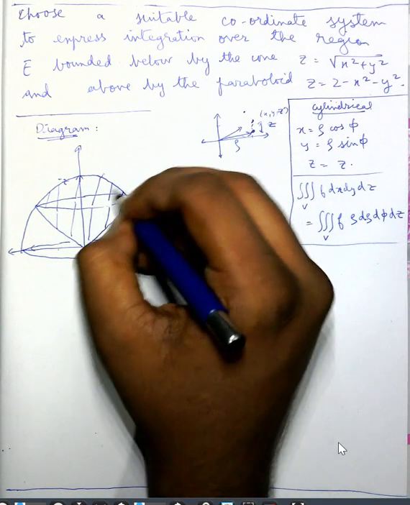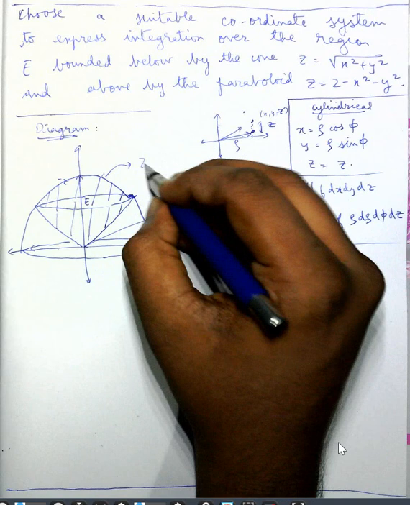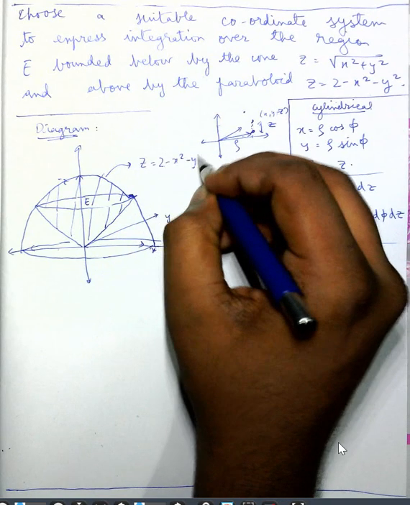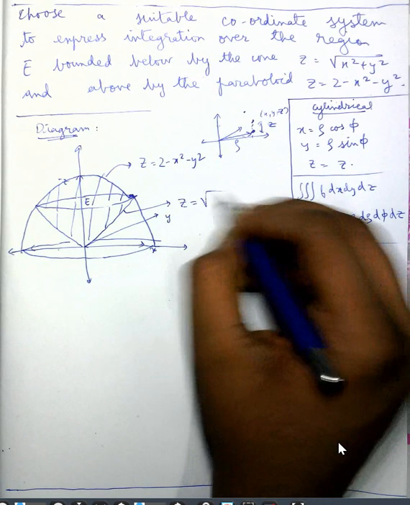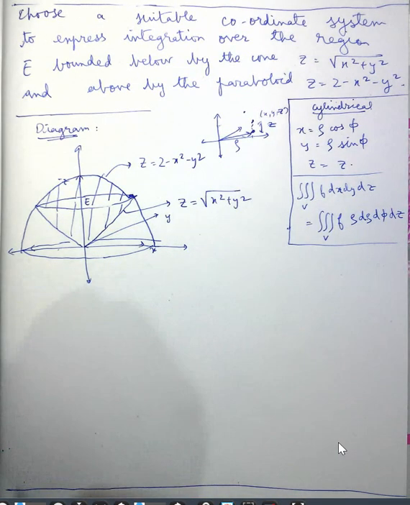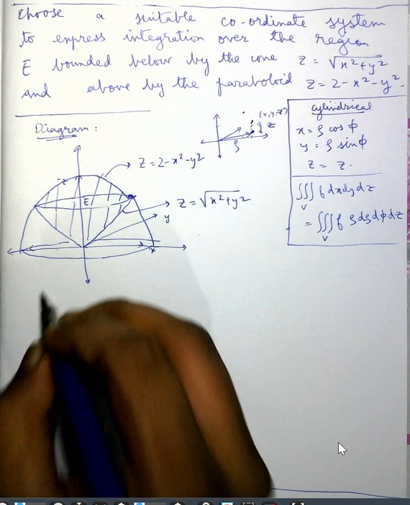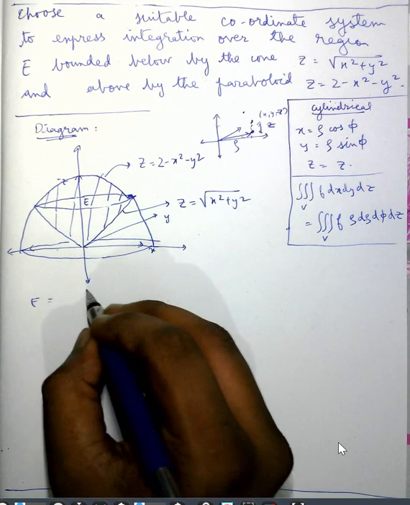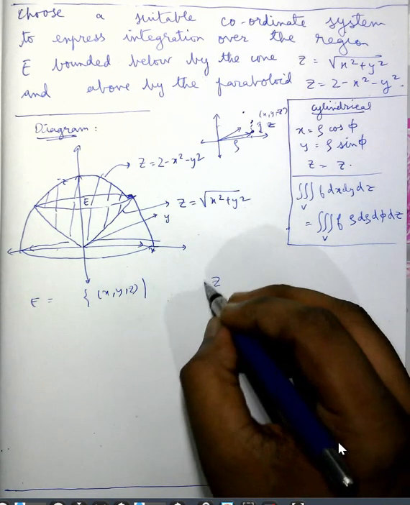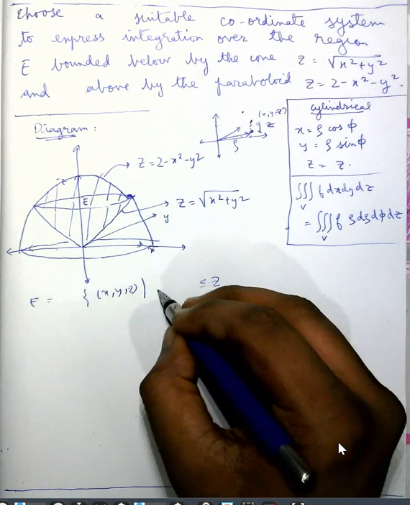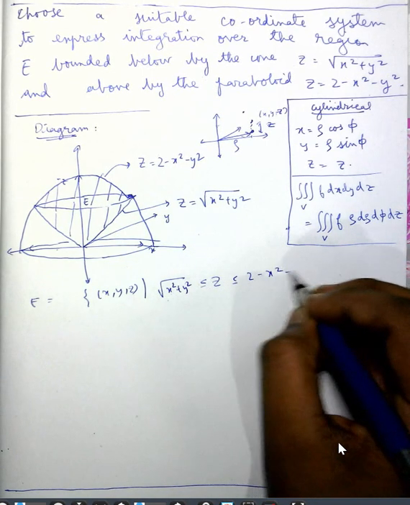So this is our region E, this is our paraboloid, and this is our cone, and we want to express this region E. The region E in terms of Cartesian coordinates is nothing but z lies between root x square plus y square and 2 minus x square minus y square.